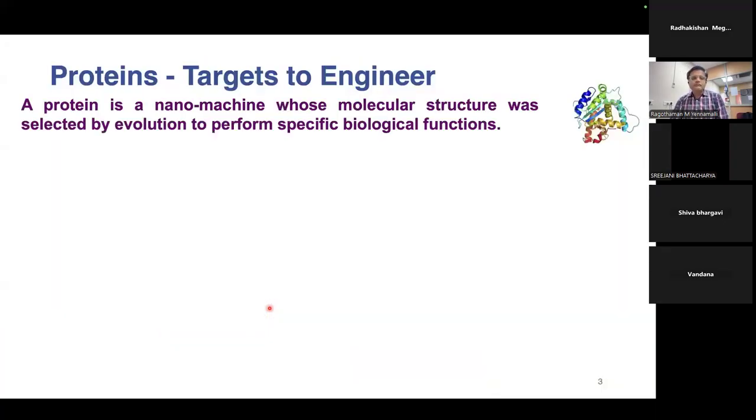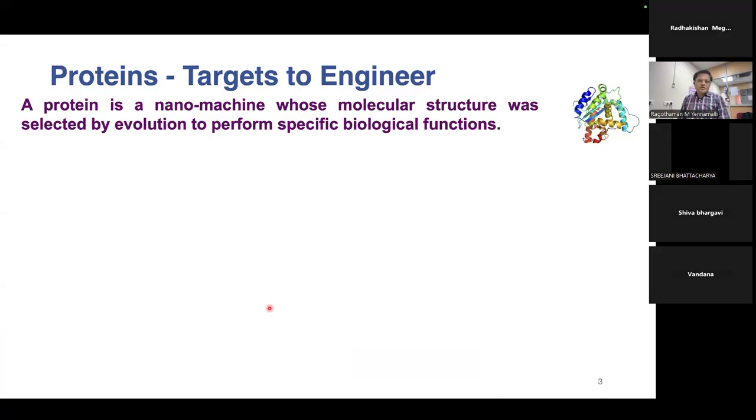Rather than talking about proteins as molecules, proteins can be thought of as nano machines. They are nanometer in scale, and they are an efficient system that has been selected through many different trials in evolution, and they are very good at what they do in the machine through biological function.